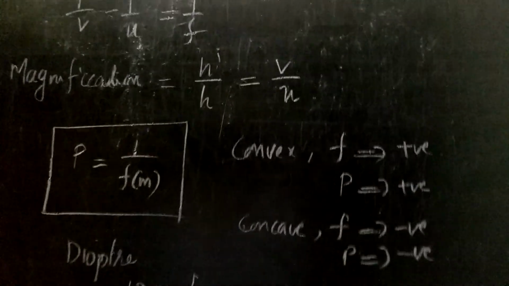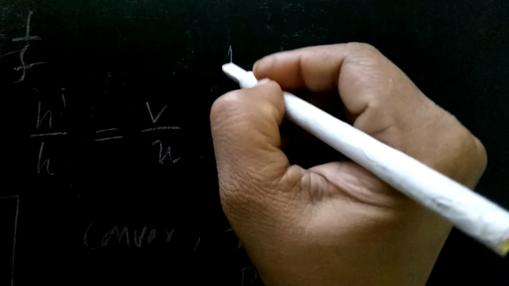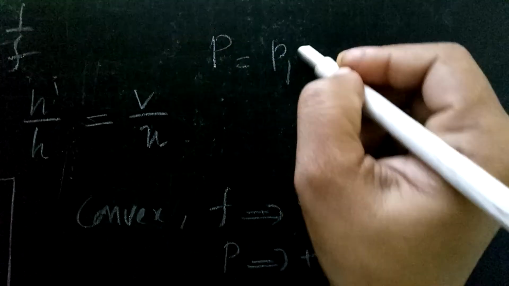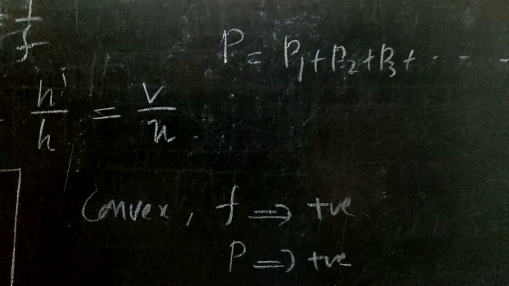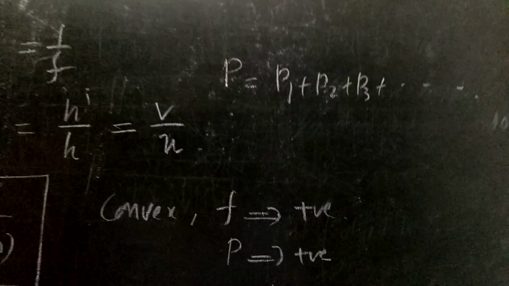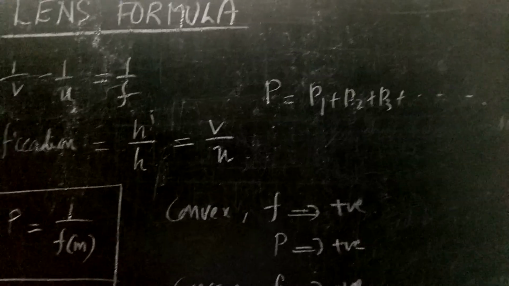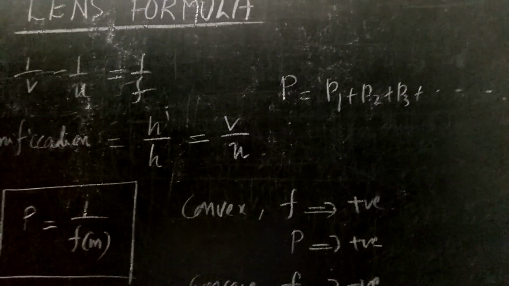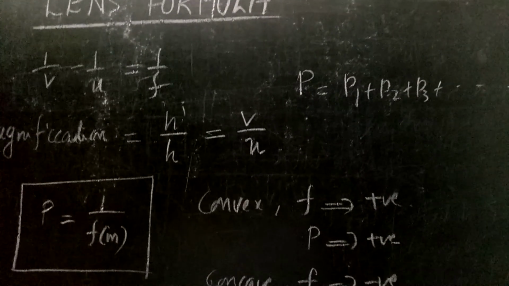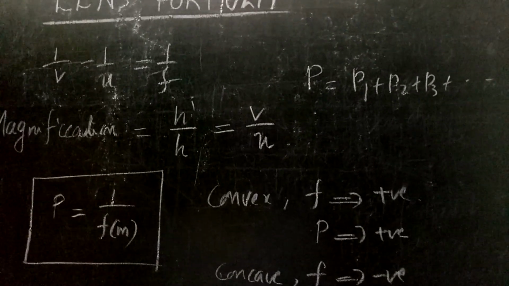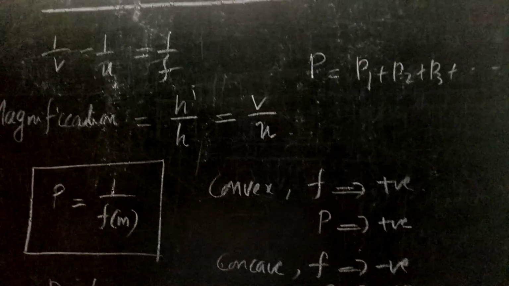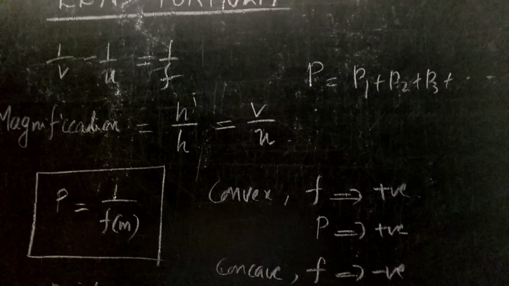That means power of the lens P is equal to P1 plus P2 plus P3 plus etc. However many lenses are combined together, that much power we should add together. Is it clear? So in the case of telescope, microscope, etc., we combine many lenses. In that case, total power is equal to the sum of power of individual lenses. Is it clear?